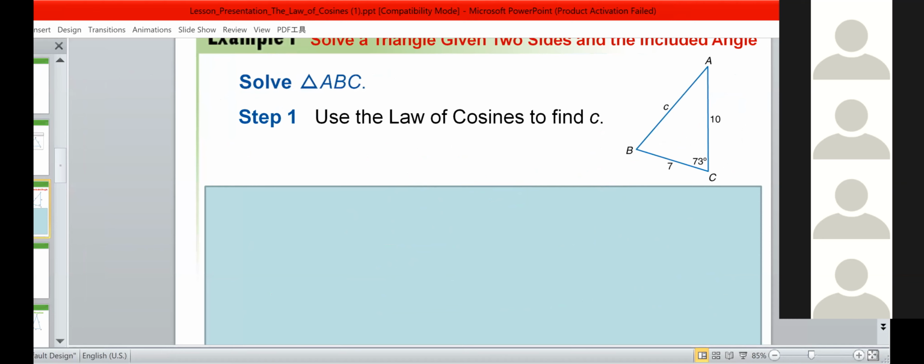It says: solve the triangle given 2 sides and the included angle. Solve the triangle ABC.